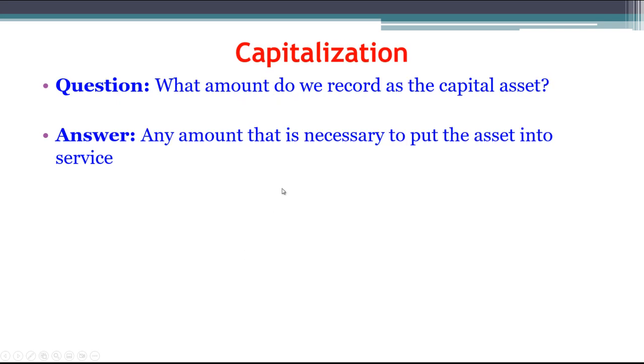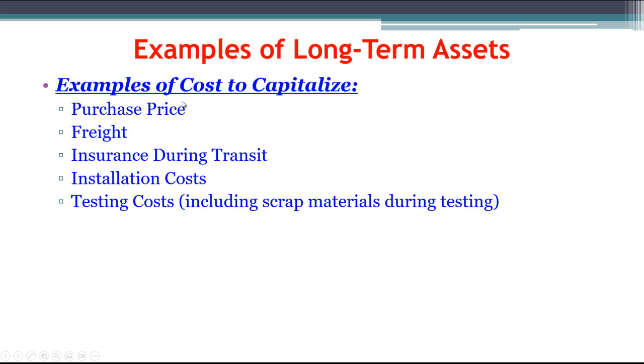So now we have the question of what amount do we need to record initially as that capital asset. Now you might be tempted to just say, well, hey, what about the amount we paid for it? That makes perfect sense. But the correct answer is actually any amount that is necessary to purchase the asset and put it into service. So your largest cost out of that is generally the purchase price itself.